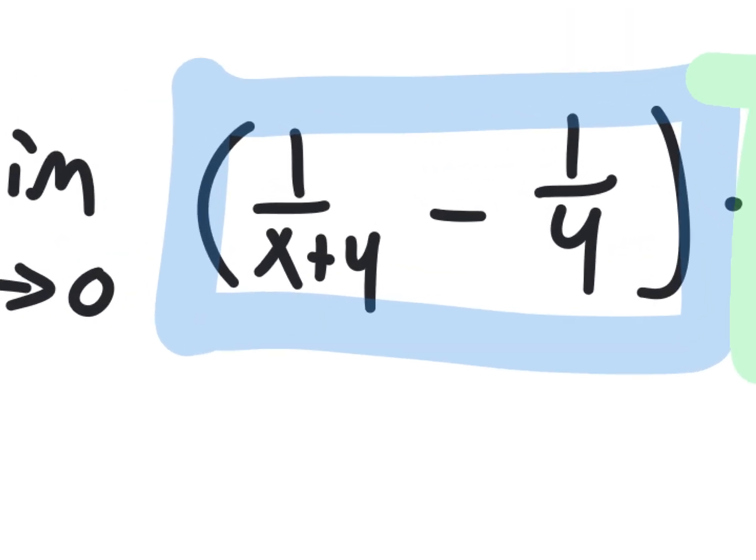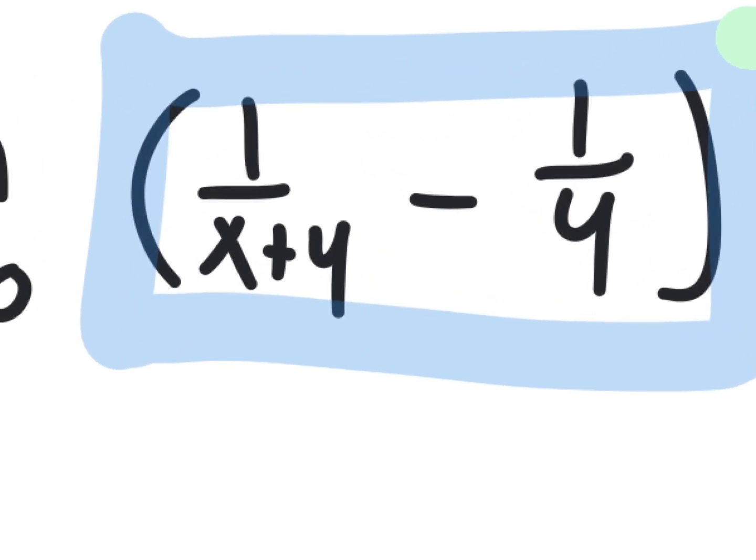All right, inside the fractions here, this would be mighty fine if we had common denominators, because then I could actually subtract these. Unfortunately, we don't. Well, let's make them have common denominators. So to get common denominators, we're going to multiply this first fraction by 4, and then we're going to multiply this second fraction by an x plus 4.